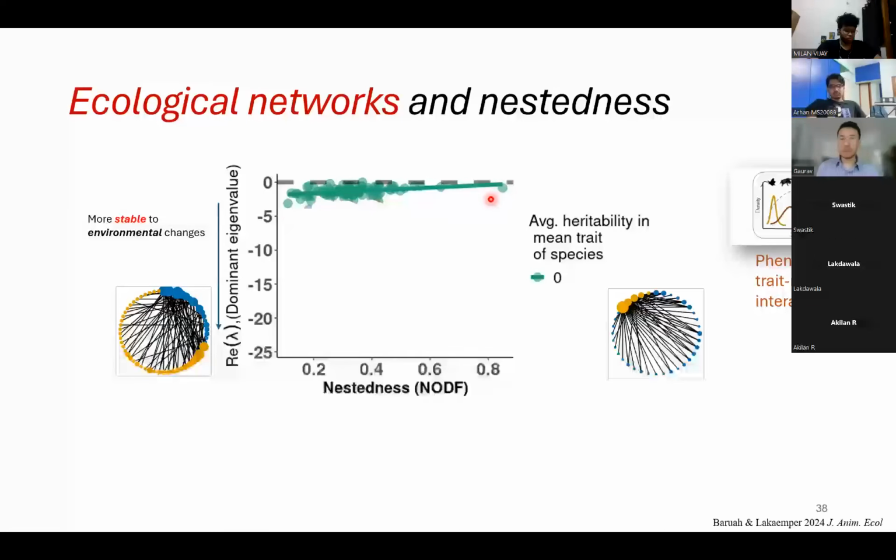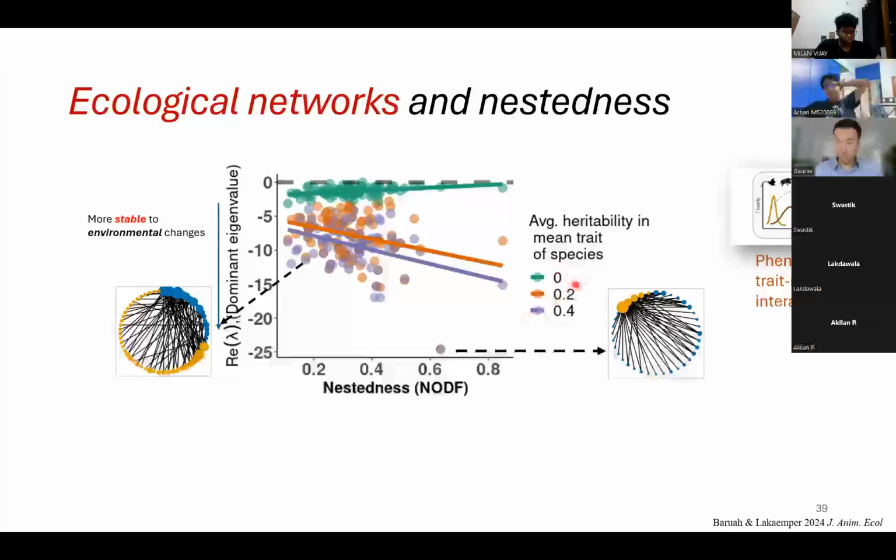That means networks that look like this, for instance, are less stable compared to a network that is less nested. But when evolutionary dynamics are at play, which are the violet colors and the orange colors, the relationship becomes inverted, so that now this network becomes extremely stable.